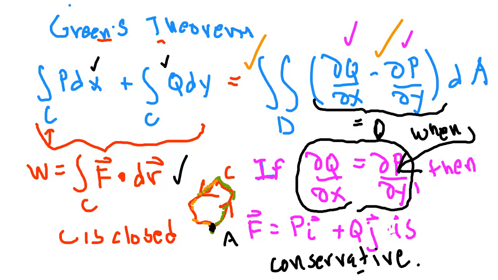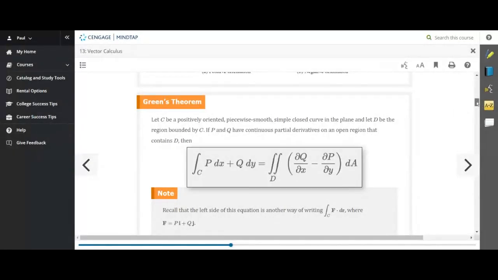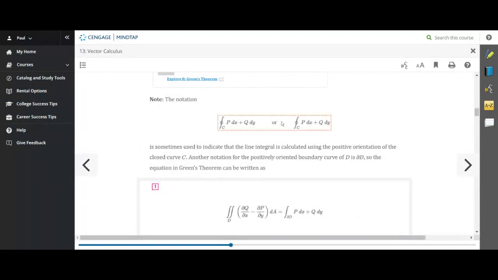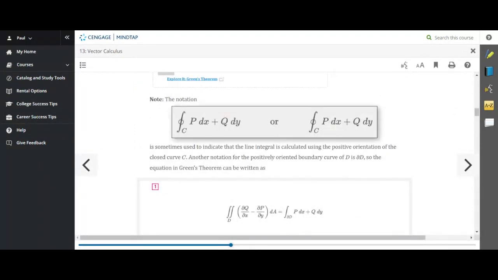So, let's go back to the book, and let's look at an example here. In example 1, I'll mention this too. Remember, Green's theorem is the work when you are moving along your closed path in a counterclockwise direction.